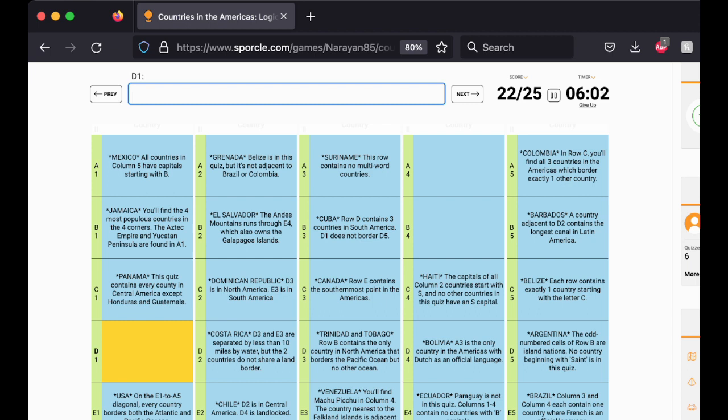So earlier I was saying B4 would be either Panama or Nicaragua. We've already had Panama, so that means Nicaragua is B4. So we know earlier that it has to be in South America and not border Argentina.